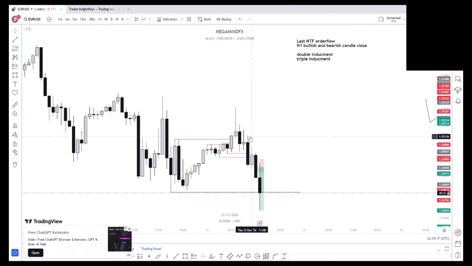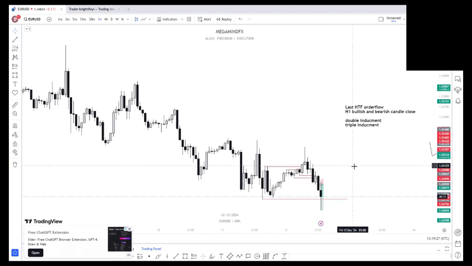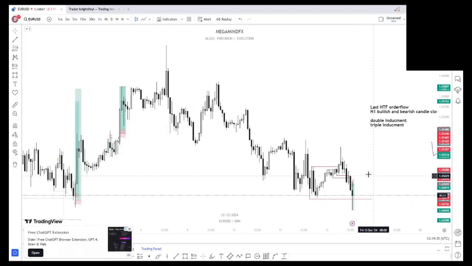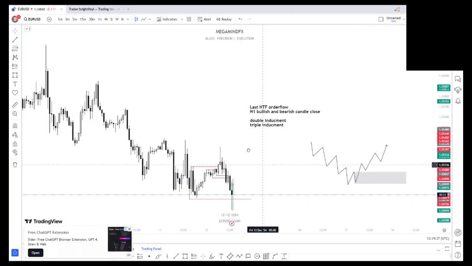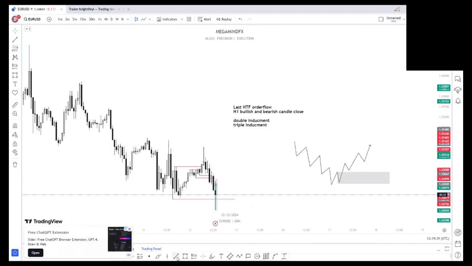So what are we going to be doing within these structures? It's pretty much simple. We are looking for double inducement and triple inducement. Now, this triple and double inducement helps to confirm for us a strong high and strong low. If you look at this market very well, you find that the market is trending towards the downside, correct?